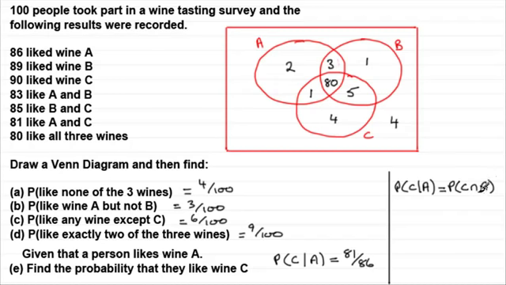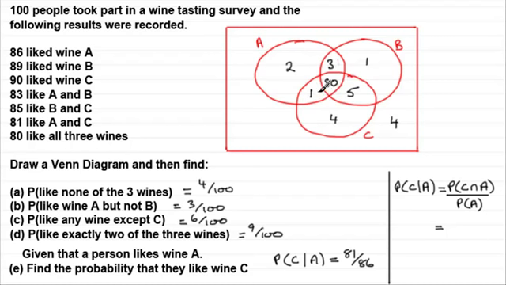C intersected with A, C and A. It's the probability that both events happen divided by the probability of the given event, and that in this case would be A. And we know that the probability of both events occurring, C and A, has to be, where is it, C and A, that's these two here, okay, this overlap.